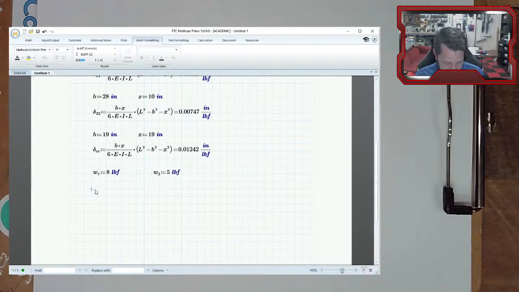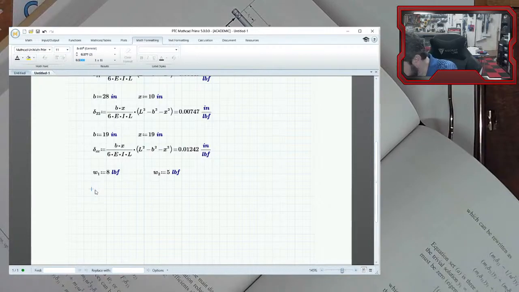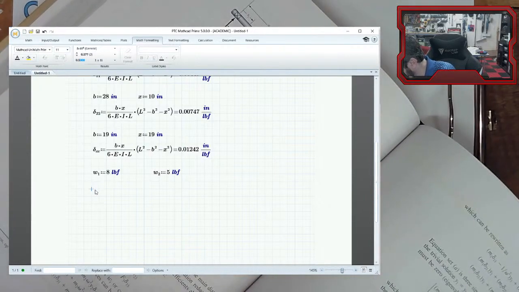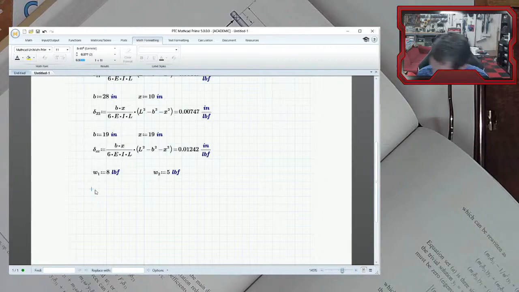Okay, so now I can use the equation. I believe it is, where is it at? 733.